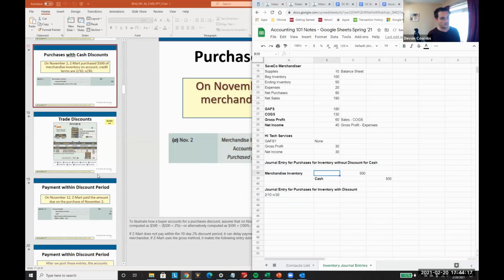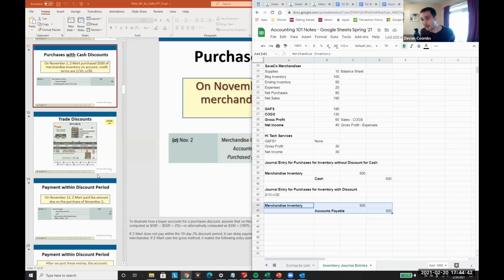So we're going to say same initial journal entry, except instead of cash now, we have accounts payable because the customer is paying on credit, right? We're saying we're going to purchase our inventory, and then we're going to put it on our credit.